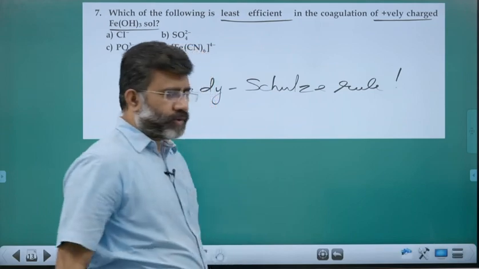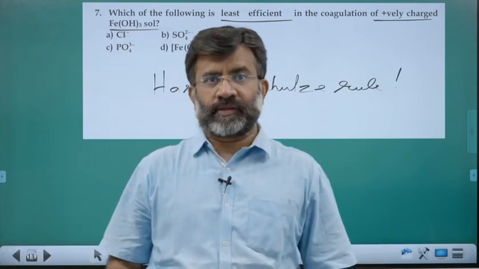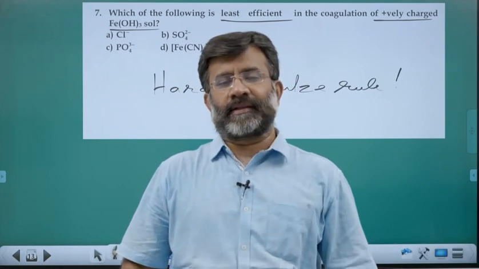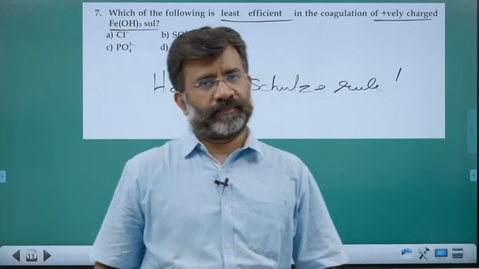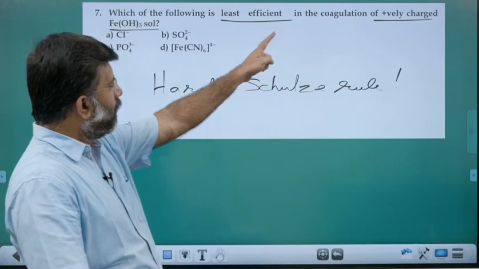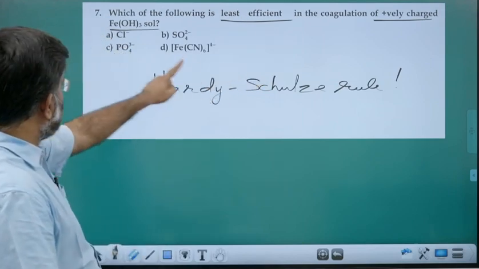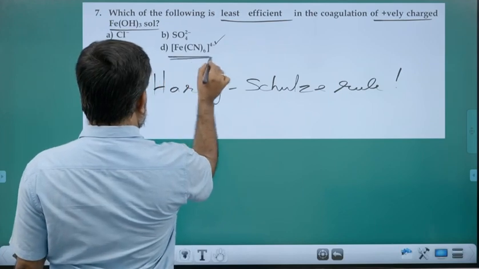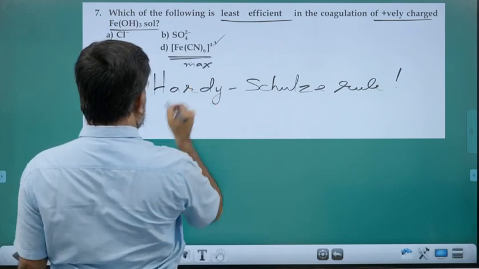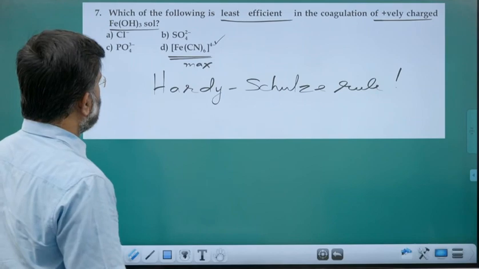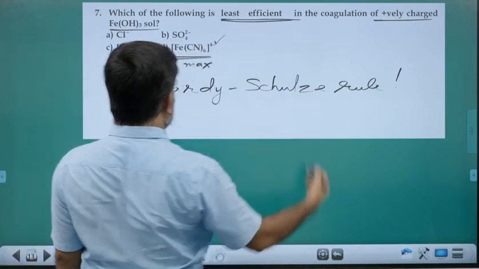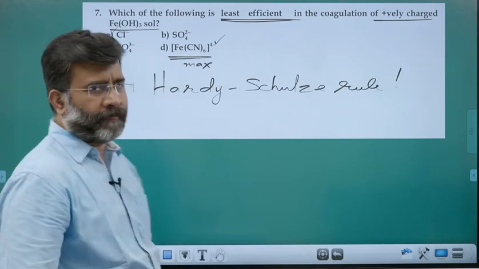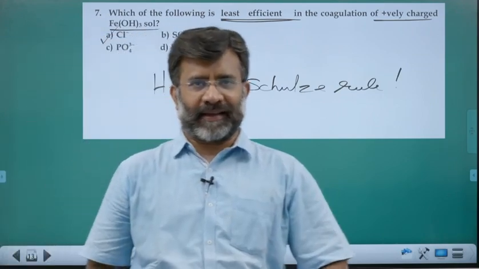What is Hardy-Schulze rule? Greater the valence of the coagulating ion, greater the coagulating power. So a positive sol is coagulated by a negative ion, and where the charge is maximum, it has the maximum coagulating power. Our point is least efficient, minimum coagulating power, no doubt option A, having monovalent character.